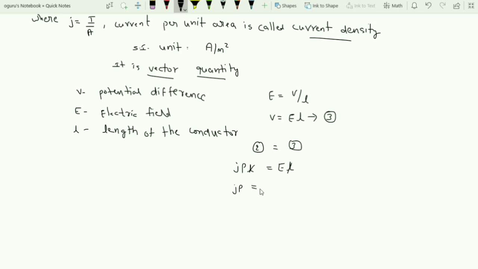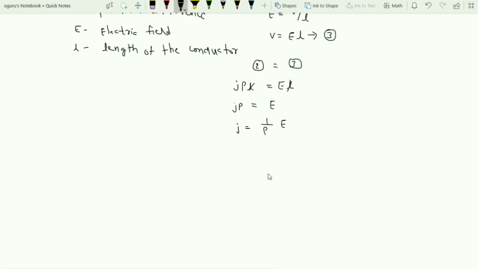Now this can be written as J is equal to, if you take this rho to this side, it becomes 1 by rho into E. This 1 by rho, the reciprocal of the resistivity, is conductivity. Then J is equal to sigma into E. The reciprocal of the resistivity is called conductivity, where sigma is the conductivity.